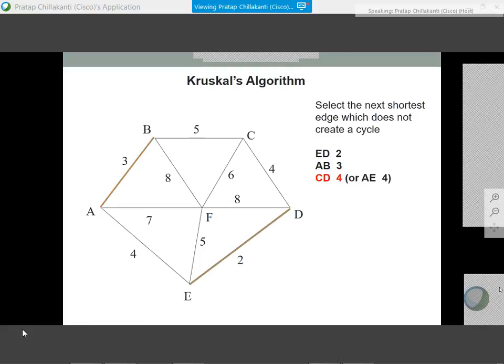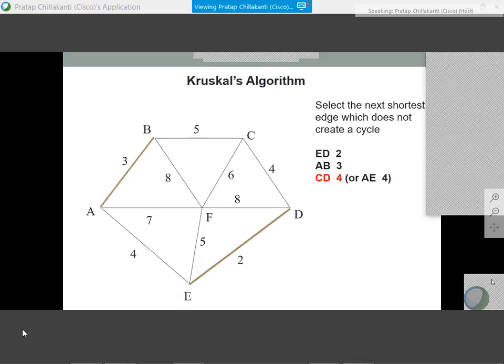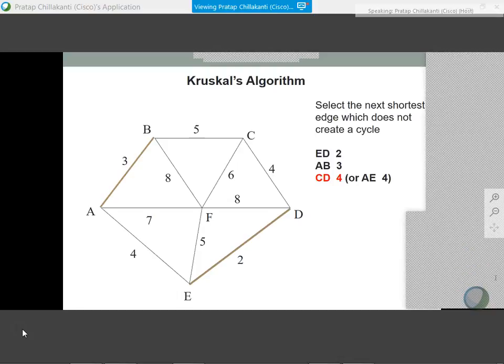Then CD. I want to monitor the chat if somebody has put anything. Yeah, Sri Prakash said also up to n-1 edges, sir, when n is the number of vertices. Absolutely correct. Because you remove the cycle, so it will become n-1 edges.